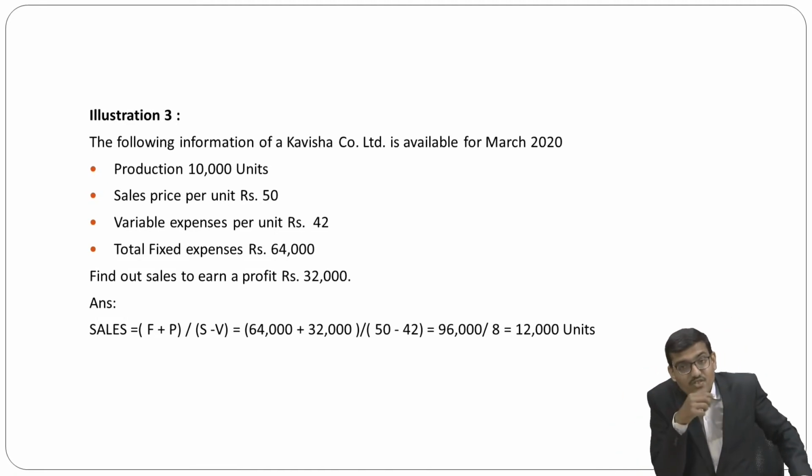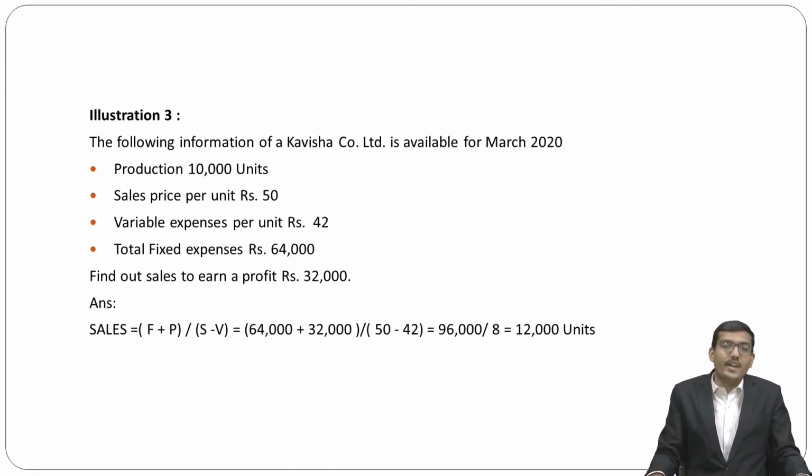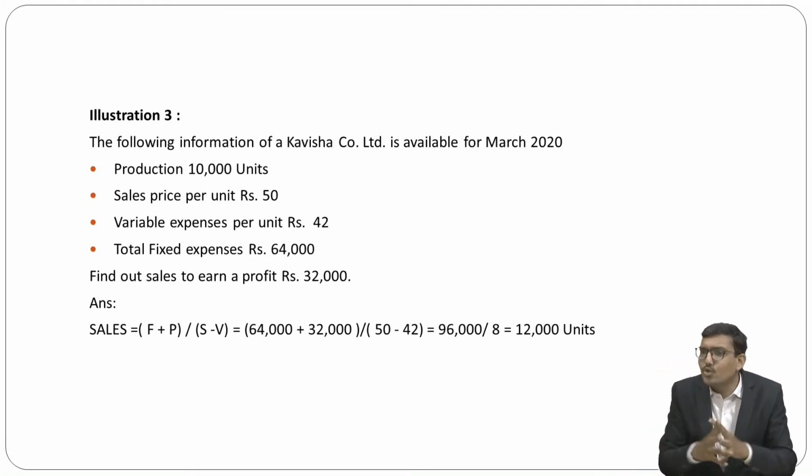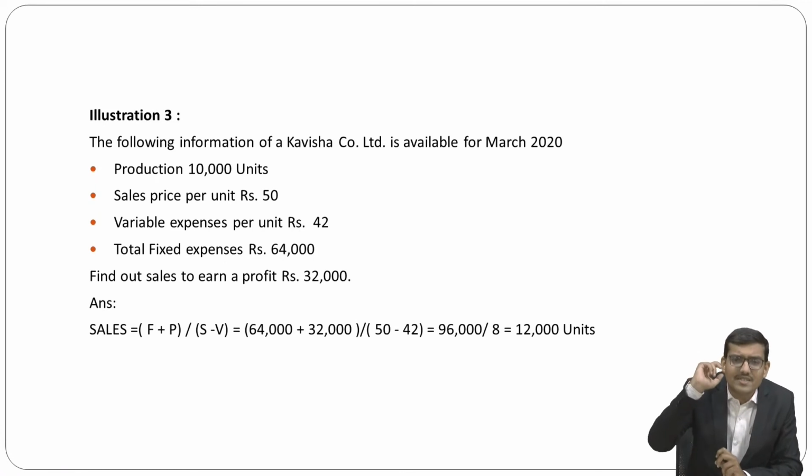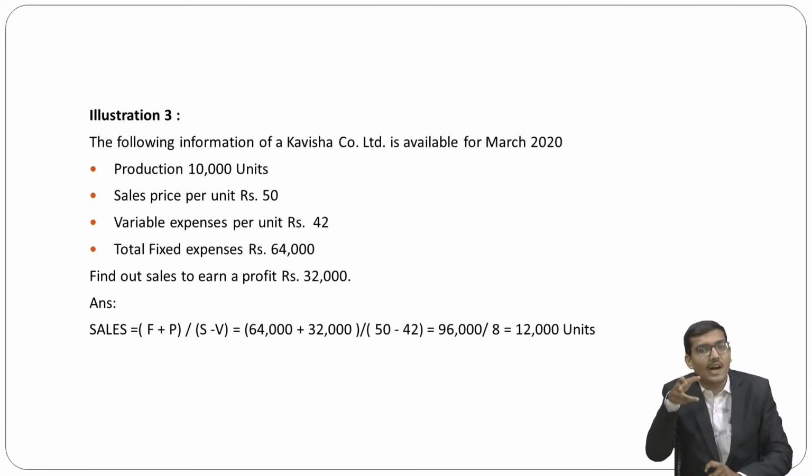Now in this question, let us twist this question. Here you have to find out the sales at a loss of rupees 32,000. Then how will it be gained? Can you give me a brief idea with respect to it? Nothing to do, my dear friends. You have to just apply your mind and change the formula. How?